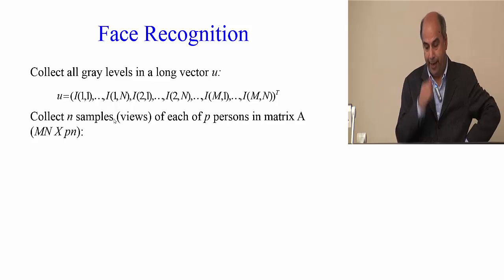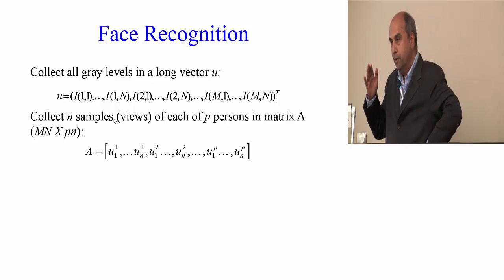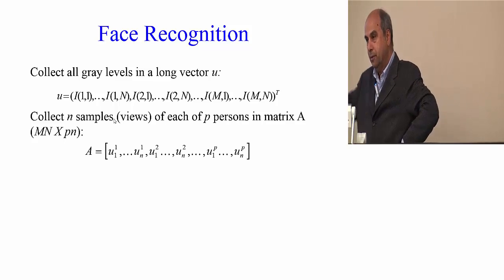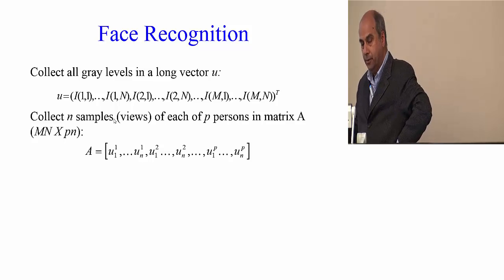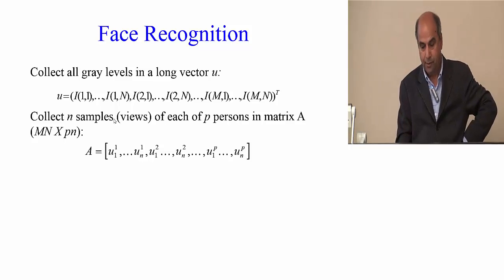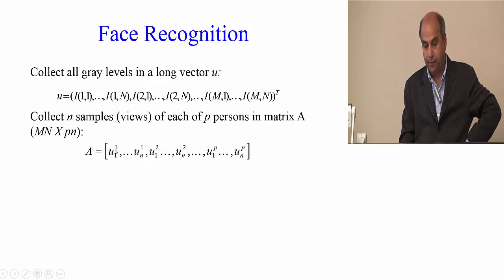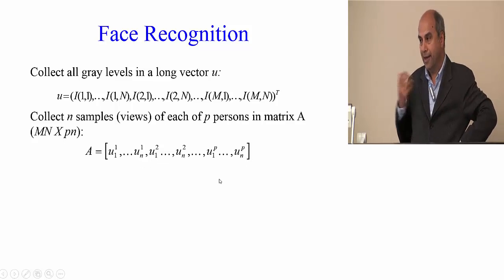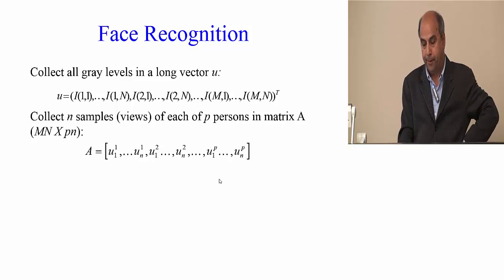So we'll make this matrix A. We'll put all these images in that big matrix as a vector. So this is the first person, first view, first person, second view, and nth view, and the second person, third person, and pth person. So we'll have all these. These are the examples we have.